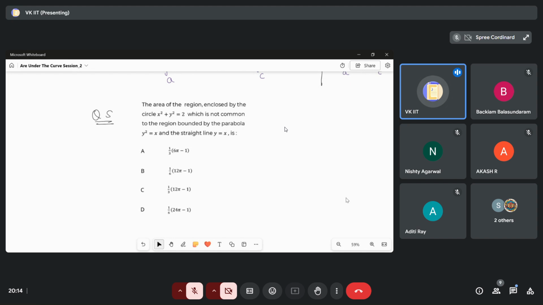So it's a parabola symmetric about the x-axis and the straight line y is equal to x. It's the simplest, right? The diagram is very simple. Draw the circle with the radius under root 2, draw a straight line y is equal to x, try to find the point of intersection also, and then draw the parabola.